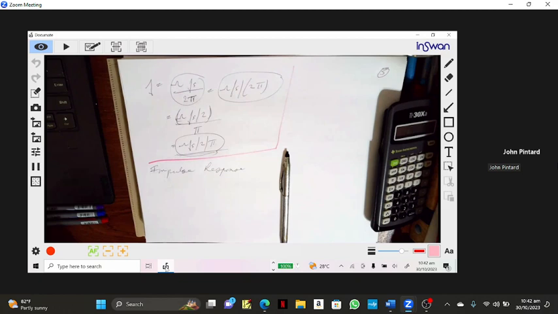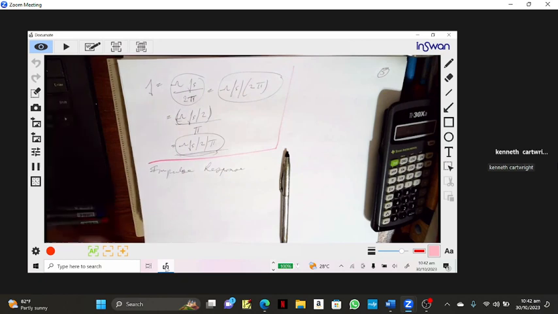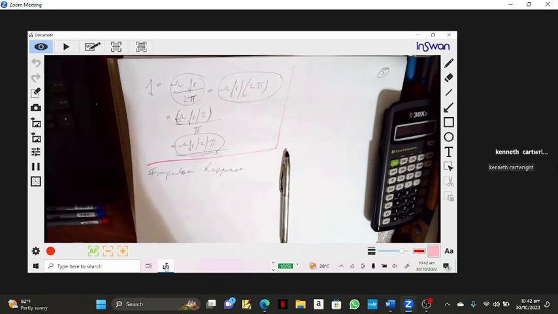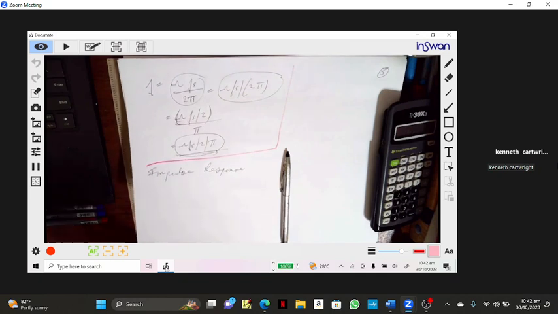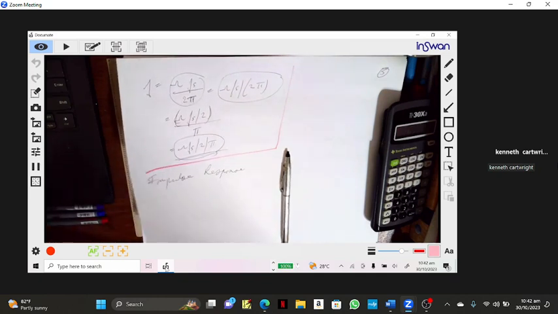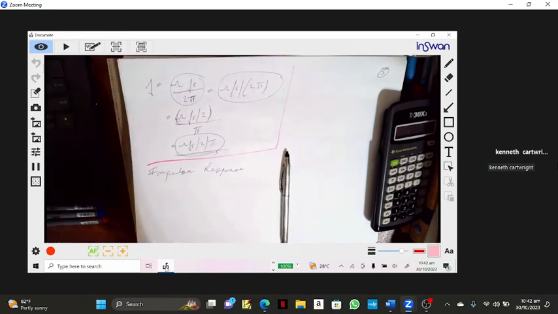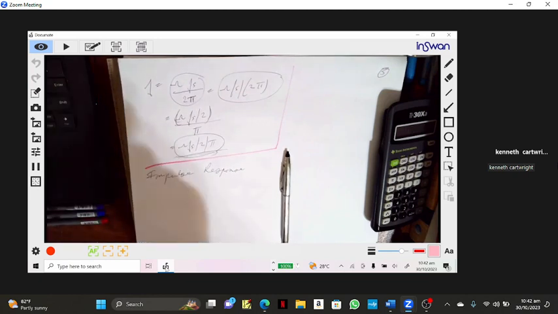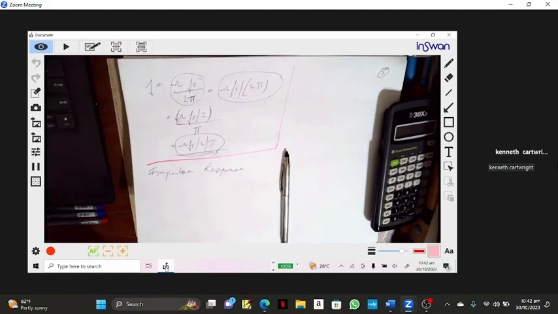When the input is the impulse. Exactly. But you didn't say that. The impulse response is the output. That's a true statement, but it's not sufficient. The impulse response is the output you get when the input's an impulse.